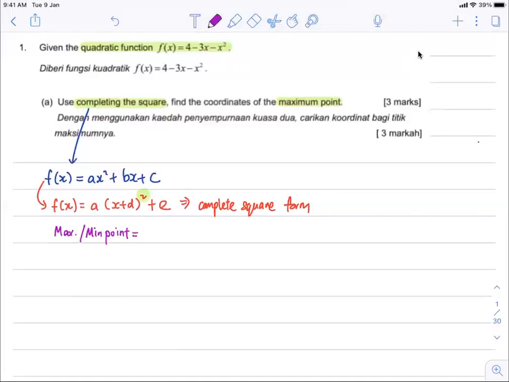Like after I convert the equation into the form a multiplied by (x plus d) squared plus e, I can easily identify the maximum or minimum point as negative d and e. So notice that I have to add a negative sign in front of the d, but I don't need to add anything in front of e. So this is the completing the square.